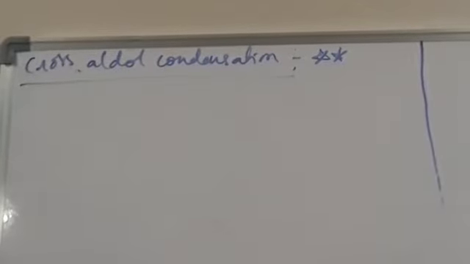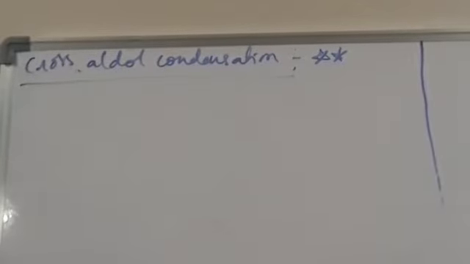So, in cross-aldol condensation, 1 molecule of acetaldehyde condenses with 1 molecule of propanaldehyde, in presence of dilute alkali, in presence of sodium hydroxide.